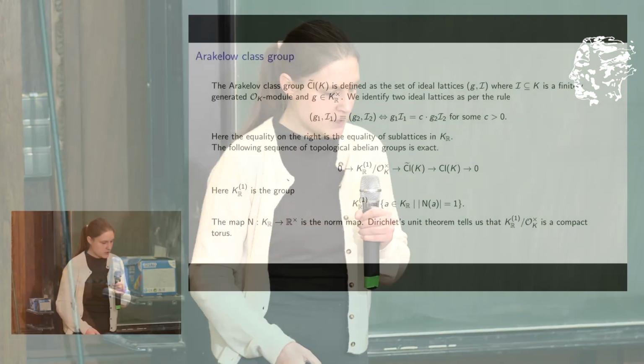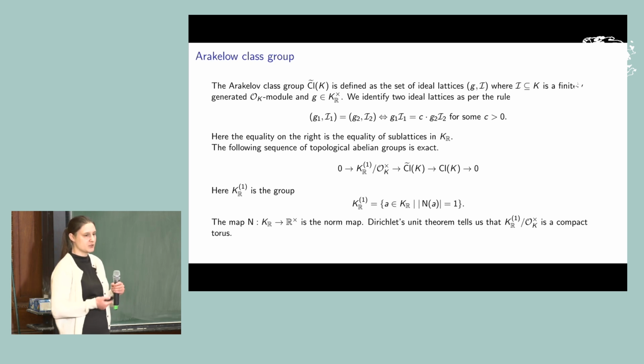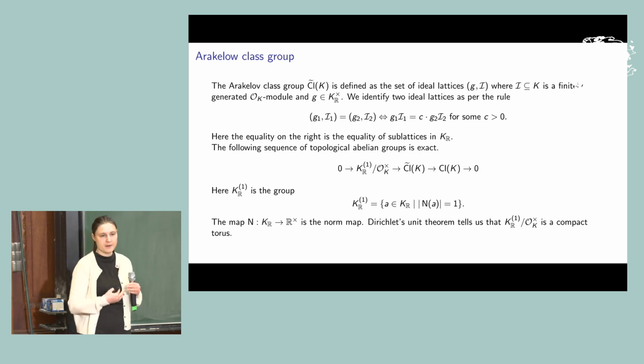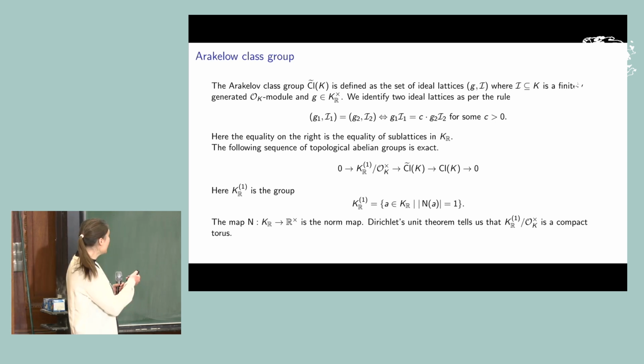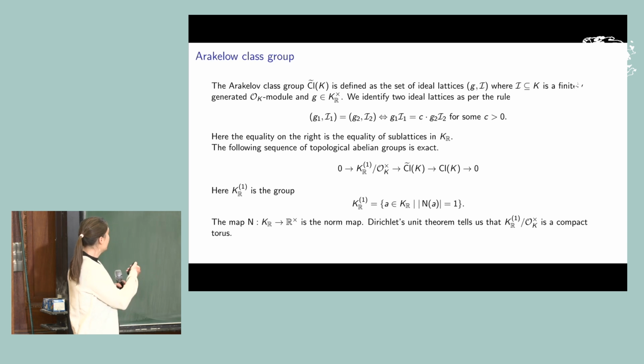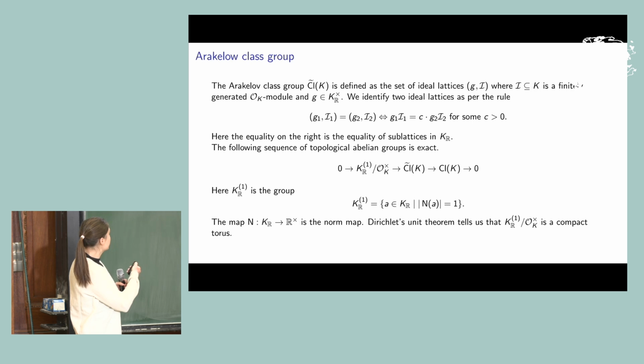Okay, so at first let me tell you about t equals 1. So maybe this is a slide from mathematicians on how to construct a bit bigger set of lattices. If t equals 1, a natural thing to consider would be the Arakelov class group. And so it works the following way. We take our ring of integers, we look at its ideal classes, we take fractional ideals in different ideal classes, and we consider the pairs.